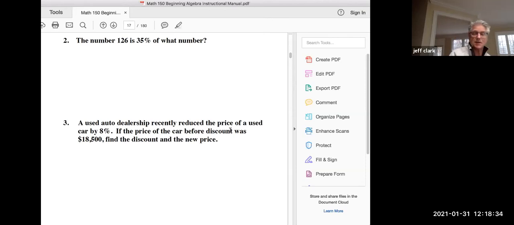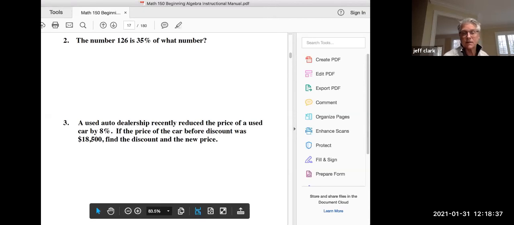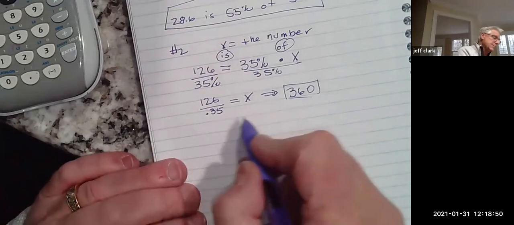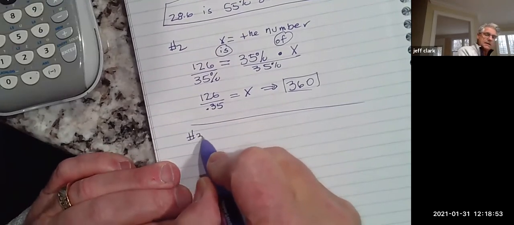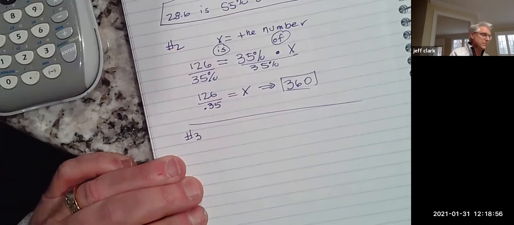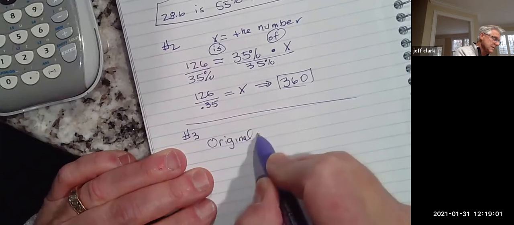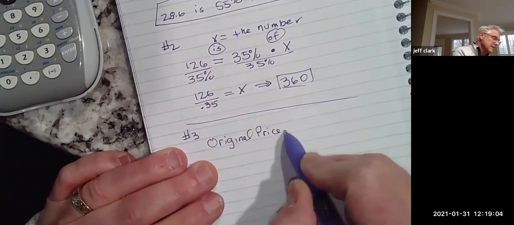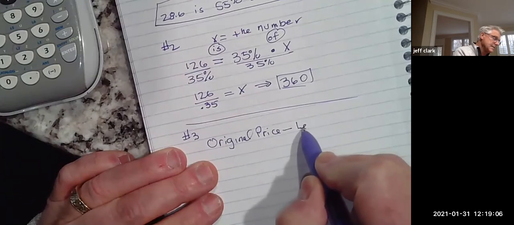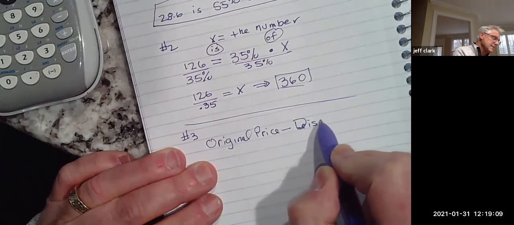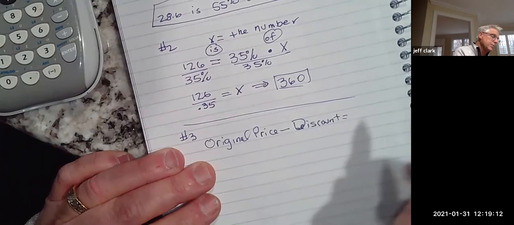So I'll just do this. Watch, I'll put this in my screen share. Sorry, back and forth. It takes me a little time and I get a little pause in there. All right, so this is number 3. Original price less discount equals new price.